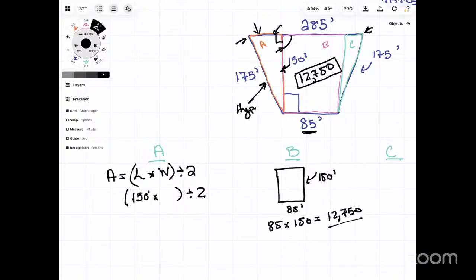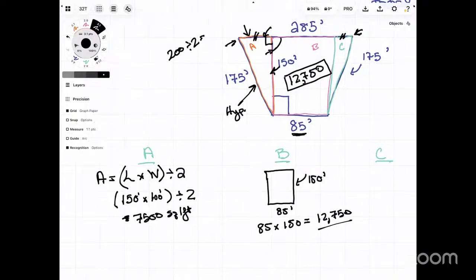If this piece is the same width as that one and you got 200 feet to divvy up, that means it's 100 each. So you're going to take 150 times 100 and divide it by 2. That's going to be 7,500 square feet.